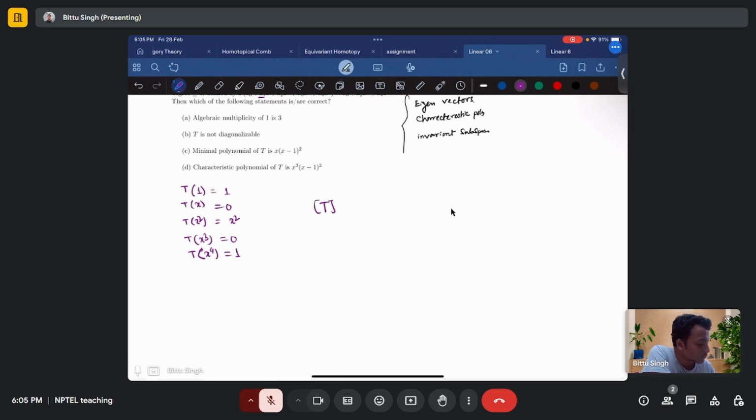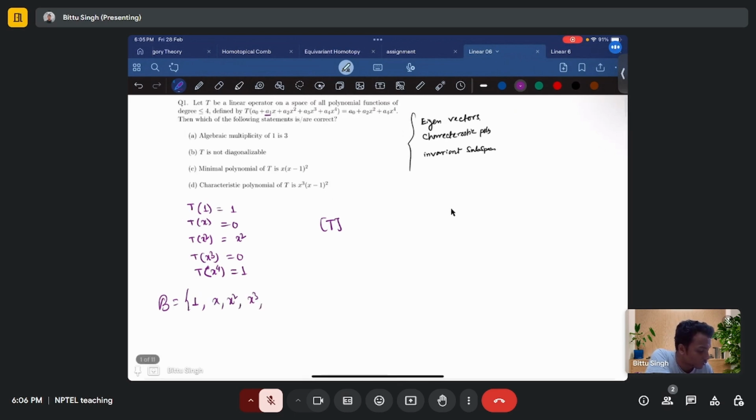Now if we write the matrix representation of T with respect to the ordered basis B, let B be 1, x, x squared, x cube, x to the power 4. So there are 5 entries, it will be a 5 by 5 matrix. We can see that 1 can be written as 1 and the rest of the coefficients are 0.